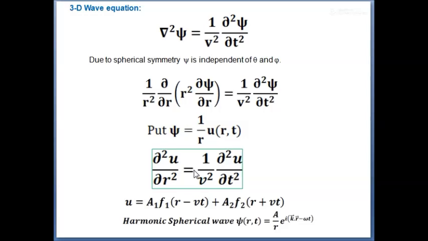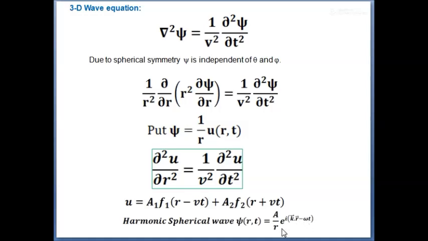We get the forms u1 equal to f1(r minus vt) and u2 equal to f2(r plus vt). These two waves are the forward propagating wave and the backward propagating wave. The harmonic solution of this wave, the function f, must have the form of exponential e to the power i(kr minus omega t). So the form is the spherical harmonic wave: a by r e to the power i(k dot r minus omega t) divided by r.